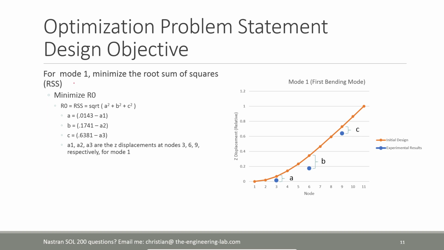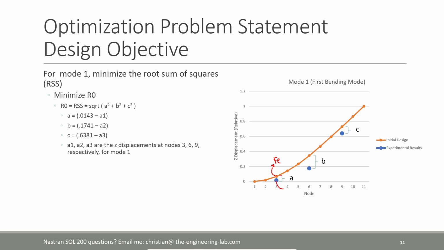Here, what we are going to say is we are going to take the root sum of squares for 3 nodes. We are going to take A to be the difference between the FE solution for displacement, or relative displacement, and the relative displacement of the experimental solution. So that would be here in blue.